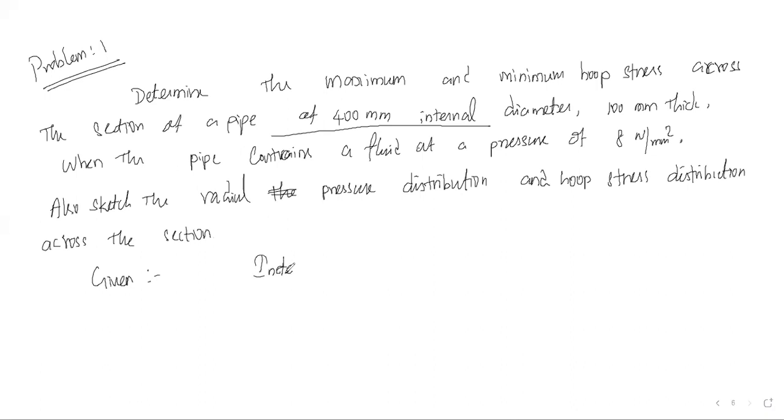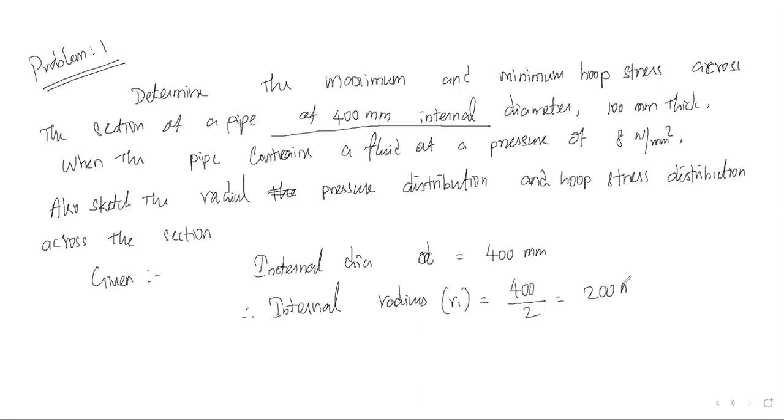So the internal diameter D is equal to 400 mm, and therefore the internal radius R1 is equal to 400 divided by 2, which is 200 mm.